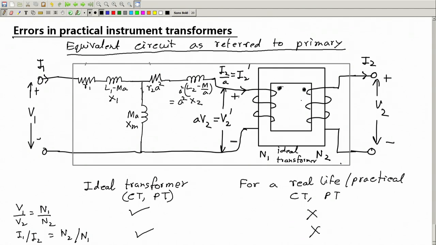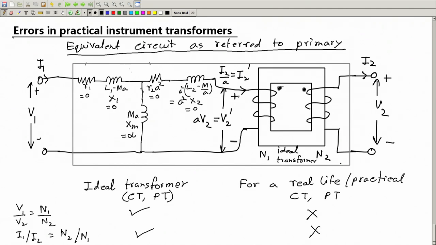We have also seen that for an ideal transformer, R1 is equal to 0, the leakage reactance is equal to 0, this impedance is 0, this also 0, and the mutual inductance should be infinite. This is possible only if the permeability of the core of a practical transformer is very high.